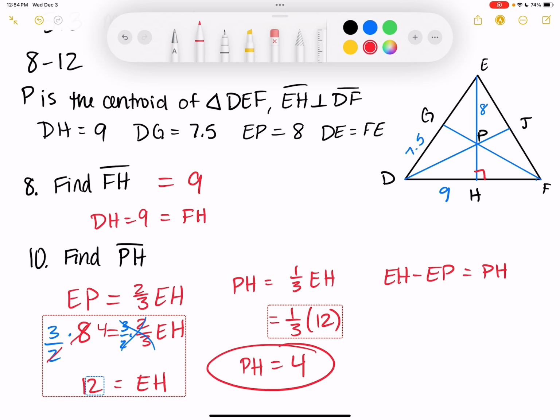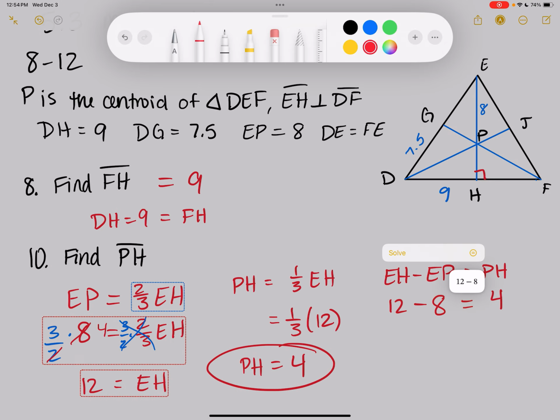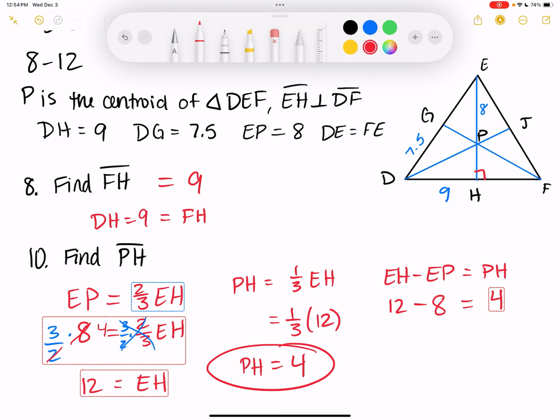If I did it this way, I would have 12 minus 8, which is equal to 4. And so we would have PH is 4 if we did it that way. So your one number should always end up being like double of what your other number was, basically. Well, not necessarily. Technically, 1/3, 2/3.